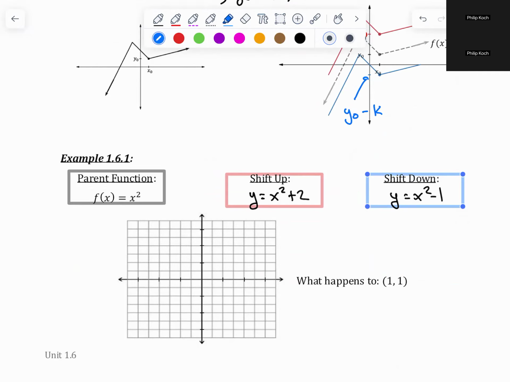So the parent function is x squared. That's the U shape. It's an even power of x, so it makes the U shape. It has the points 0, 0, 1, 1, and negative 1, 1. And it looks roughly like this.